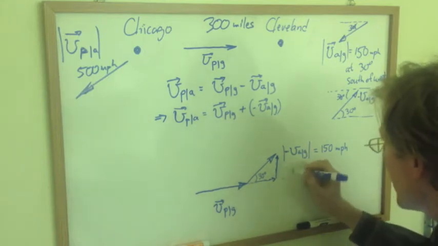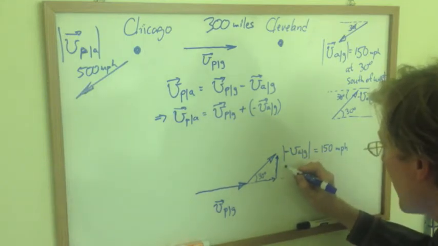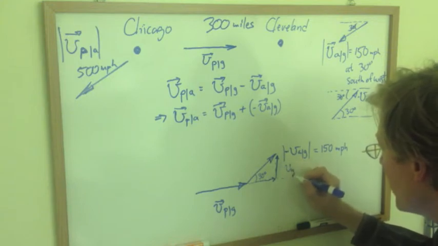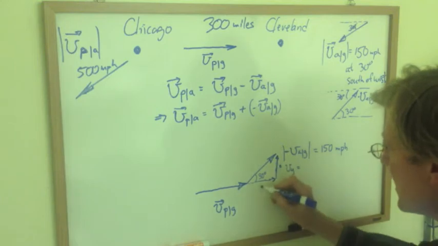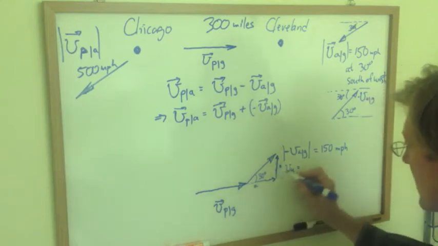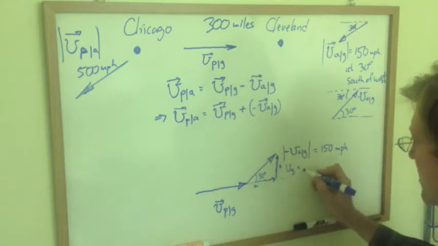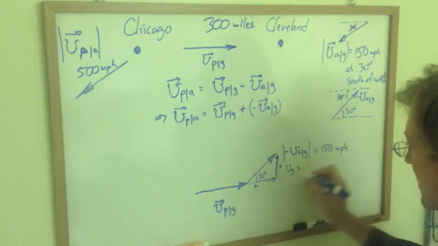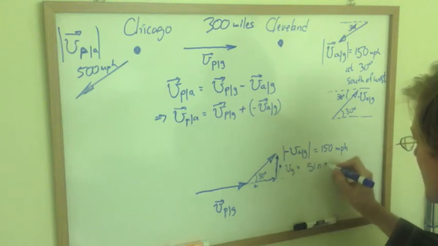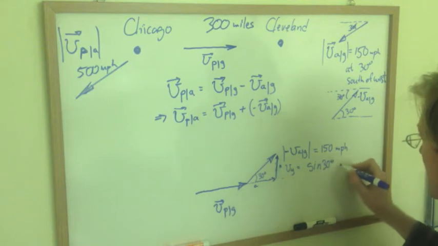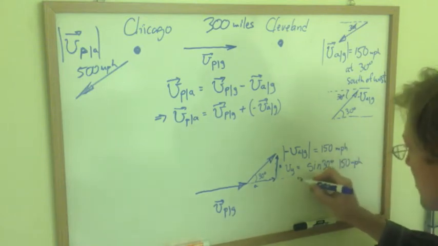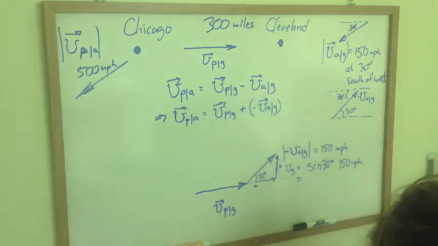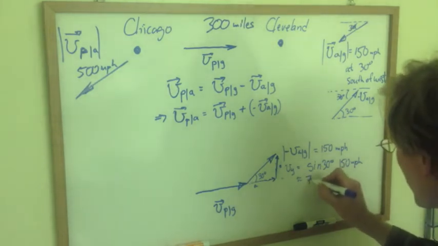It has a y component, which, because this is the opposite side, is sine 30 degrees times 150 miles per hour, which is approximately equal to 75 miles per hour.